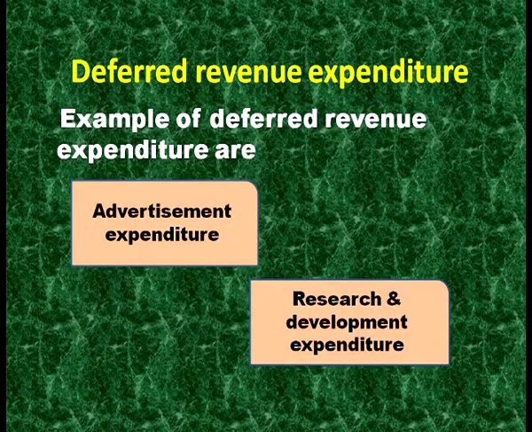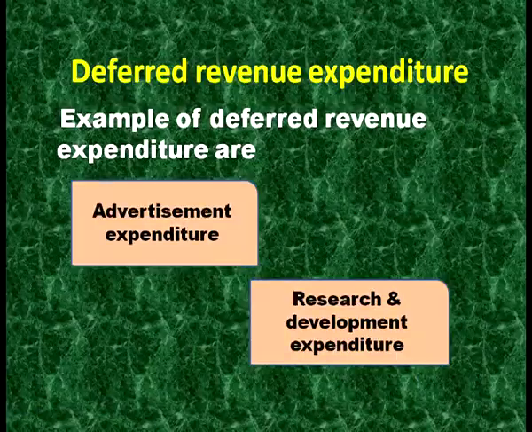If you see the examples of deferred revenue expenditures, a very good example is advertisement expenditure. Like, we spend crores of money on advertisement in one particular year, but the benefits of that advertisement will accrue for a number of years.